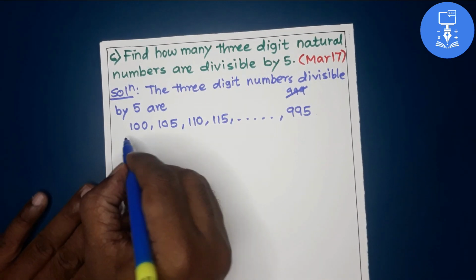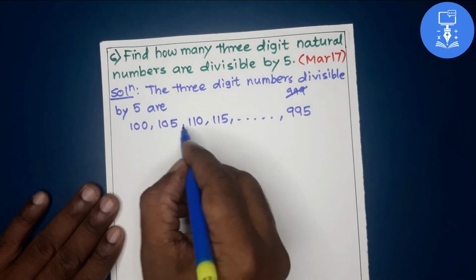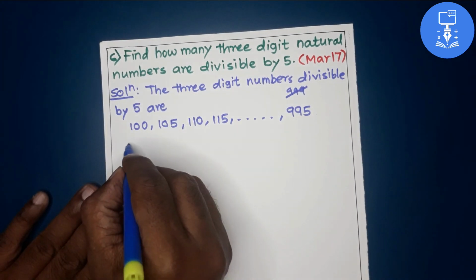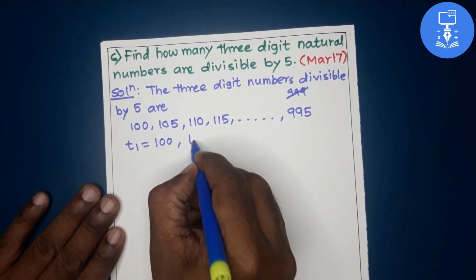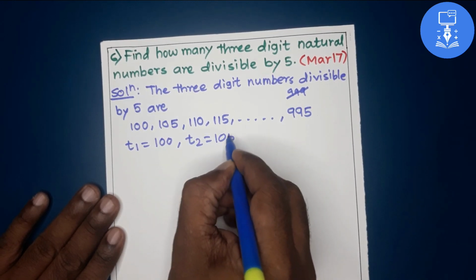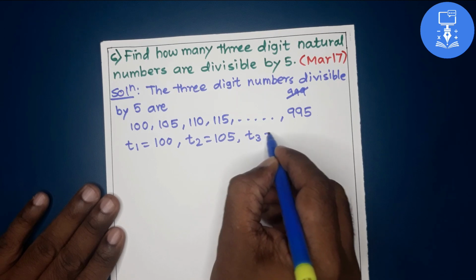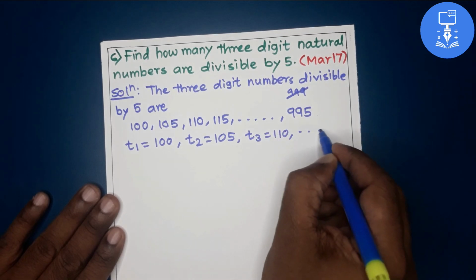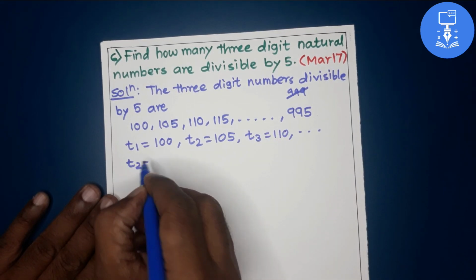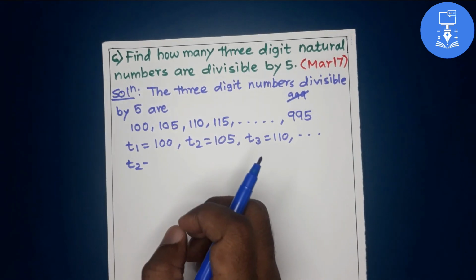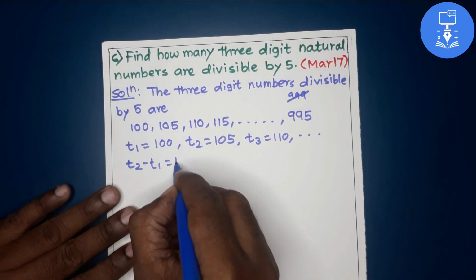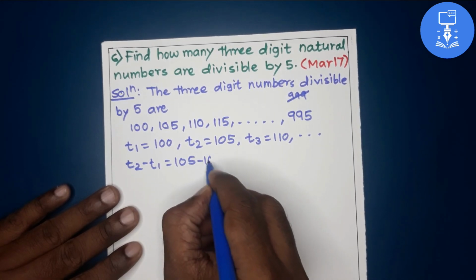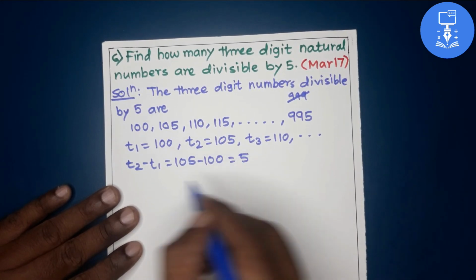The above sequence is in AP as there is a common difference of 5. You can write T1 is equal to 100, T2 is equal to 105, T3 is equal to 110, and so on. So T2 minus T1 is equal to 105 minus 100, so we get 5.